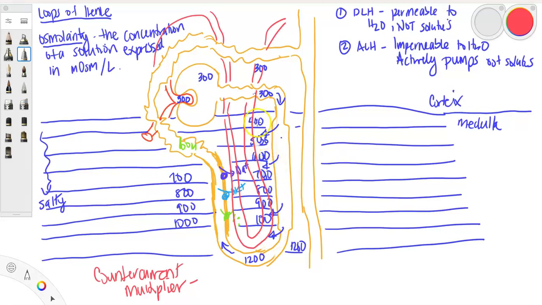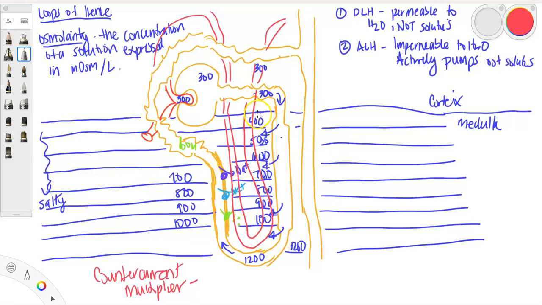The water is coming out into the interstitial space, which is making the interstitial space less concentrated. But then in the ascending loop, we have the pumping of solutes into that interstitial space, which is causing the osmolarity of that area to remain, to help keep it more concentrated.